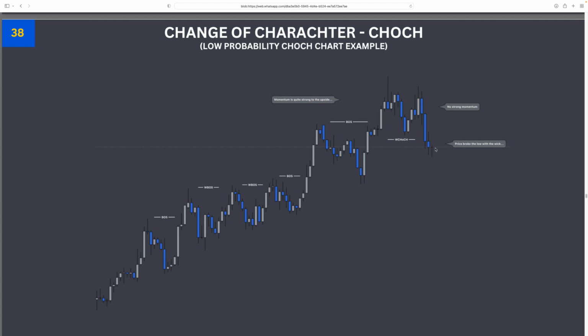So what happens after we break the low is the question that you want to ask yourself. If we break with momentum and price closes with momentum, with a strong candle close, this is an indication the price is most likely going to continue to the downside. And if you see the price is barely struggling to break this low, and immediately after we break the low price is showing you rejection, wicks, weakness, it's usually an indication that it's not safe to trade from that.